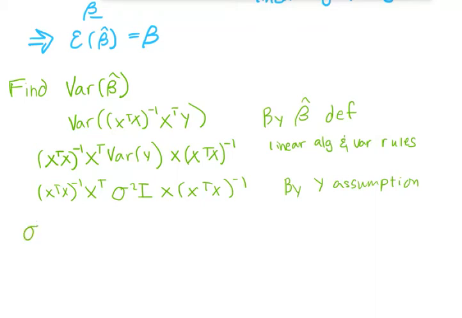We can move sigma squared because it's just a constant, and it is fine to move constants when multiplying matrices. We also have this identity matrix, but an identity matrix times another matrix leaves it unchanged. Again, this is n by n, this is n by p, so we end up just getting the same matrix, X transpose X inverse, by linear algebra rules.